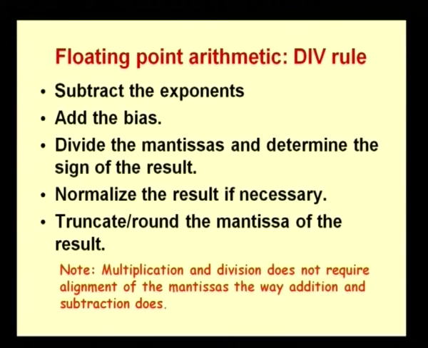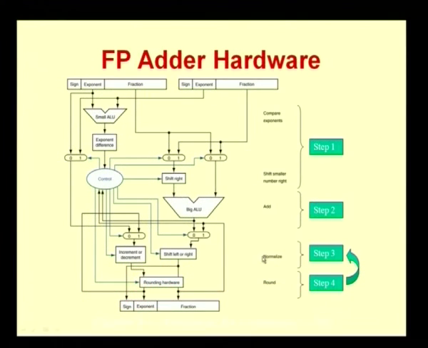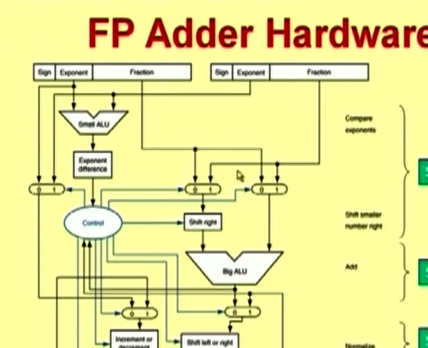Now, the truncate or round, as we do in the case of decimal, we could do it in the case of binary as well. There are some specific round off techniques sometimes used that will vary from standard to standard. This is basically what we have in terms of floating point arithmetic. Typical hardware for doing floating point arithmetic will look like this. So, whatever we talked about now is what you will see over here. Your sign, exponent, fraction will be there, and then this is for an addition.